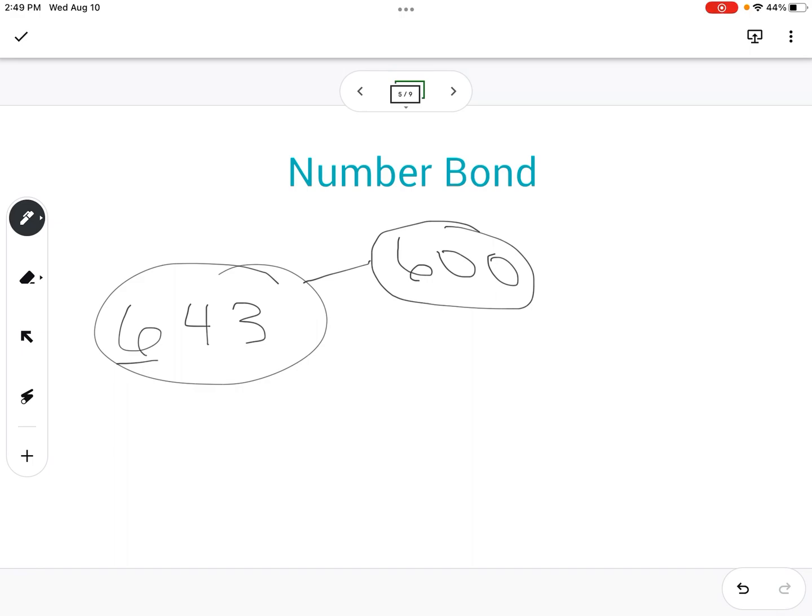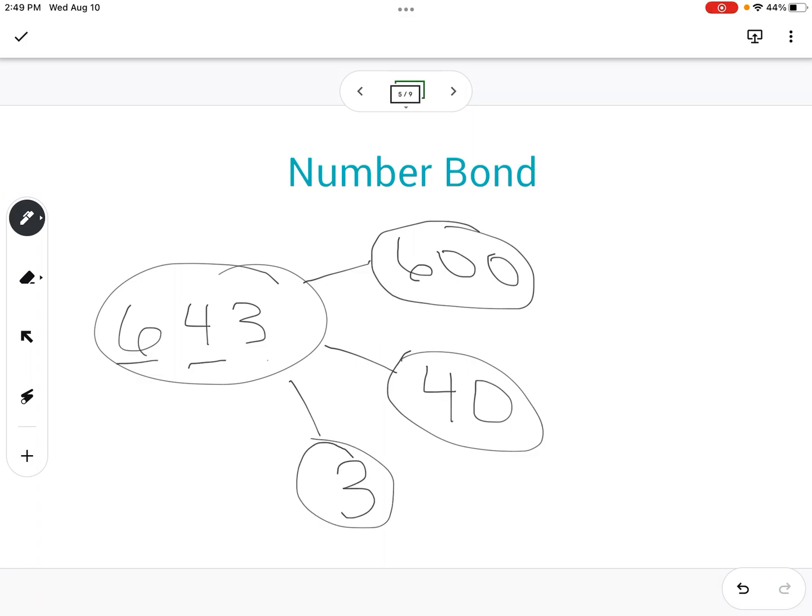So that would be one of the number parts. If I break it down and look at the 4, that has a value of 40 because that's 4 tens. And then finally, we have those 3 ones that would have a value of 3. So that number bond would be 600 as one part, 40 as one part, and 3 as one part that come together to make that 643.